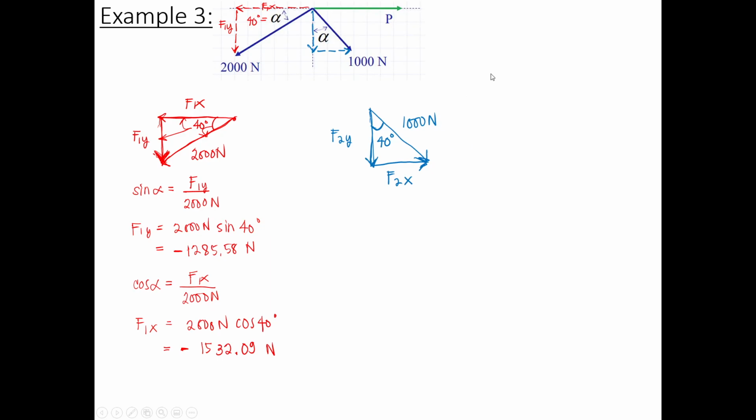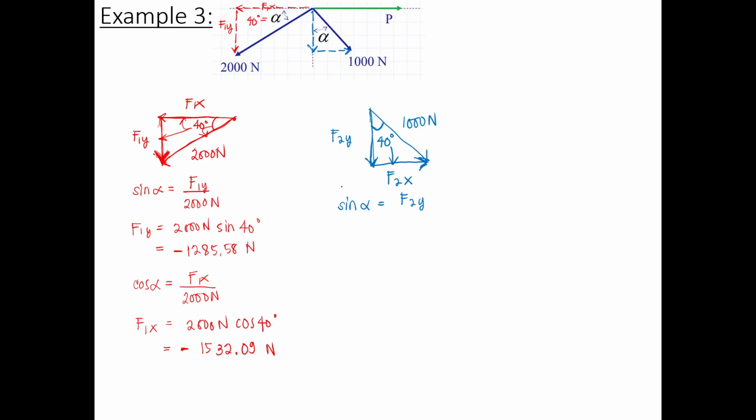Again, with basic trig functions, starting with the sine function. Sine alpha is equal to the opposite side of the angle. So instead of F2y, that will be F2x. As you notice, it's not the same as earlier.